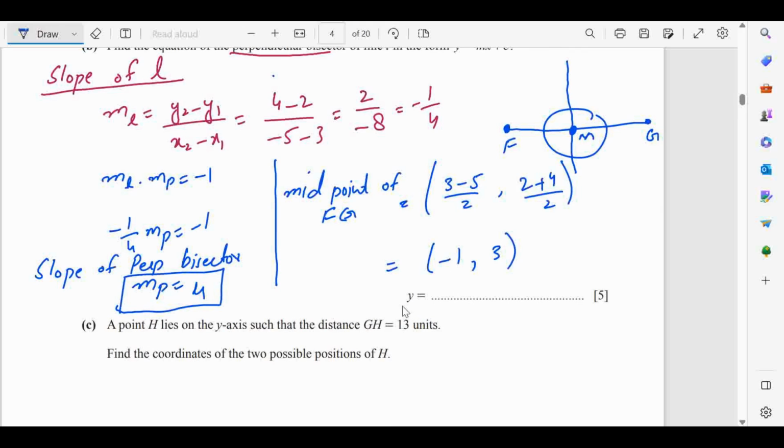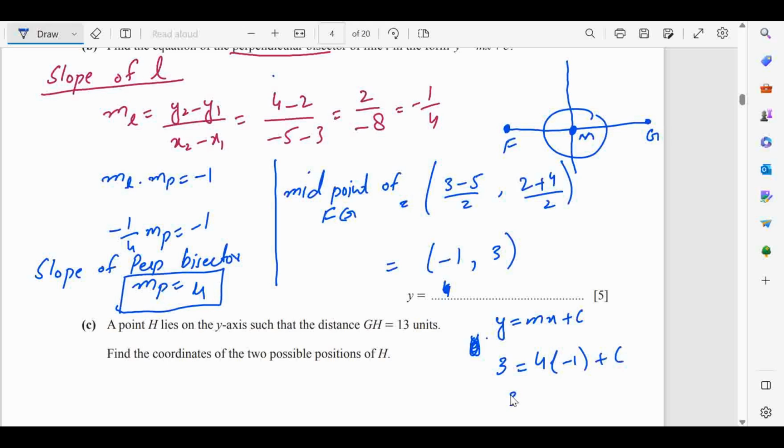So finally, y will be equals to mx plus c. We just put the value of the point over here: y is 3, slope is 4, and x is -1, plus c.